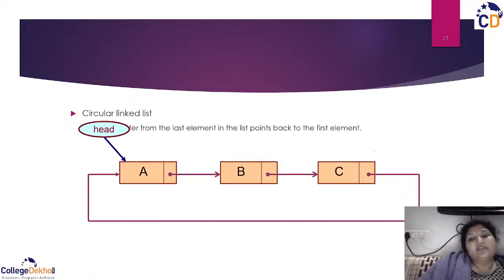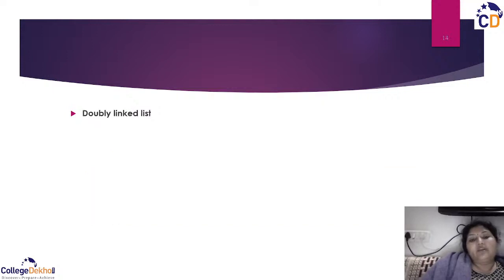In a circular linked list, the address in the last element will be pointing to the first node, the head part. So this is the type of linked list where we make a ring type of structure. All the items make a circular path.